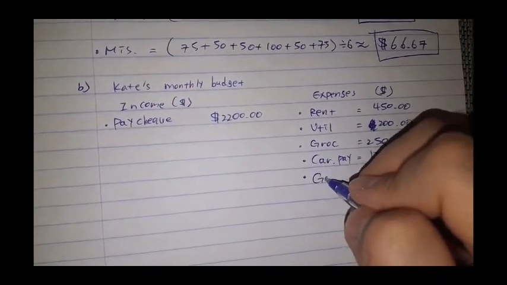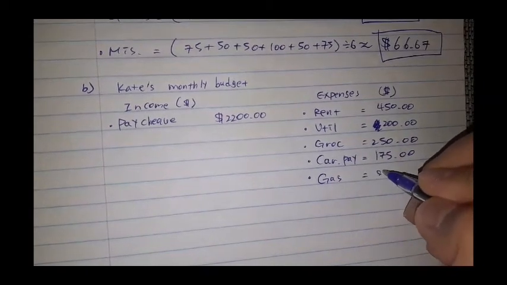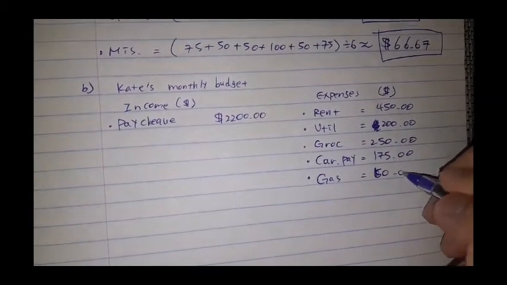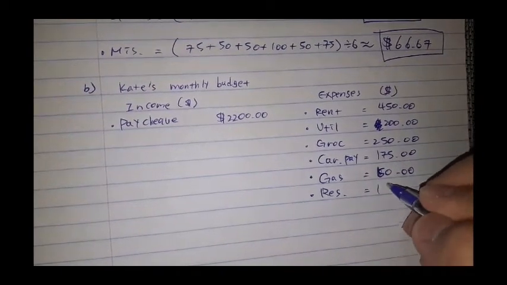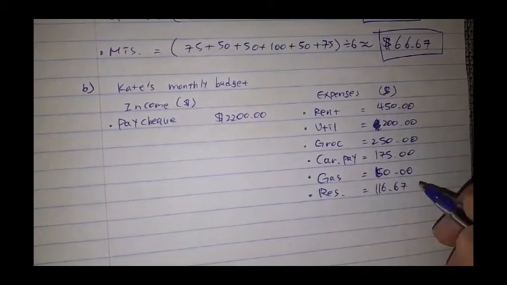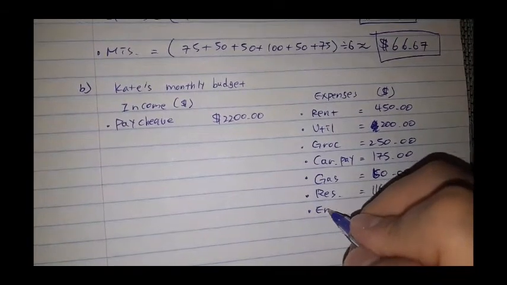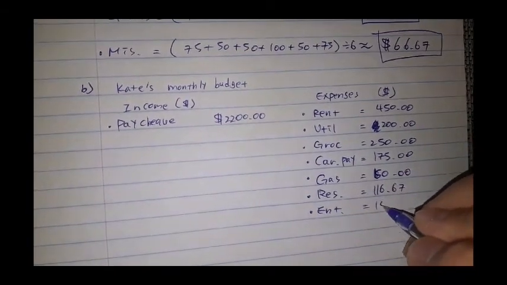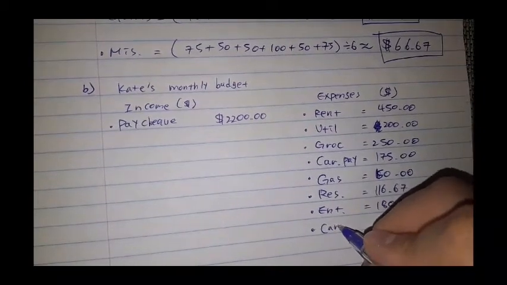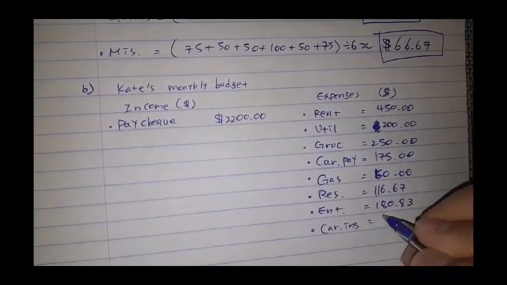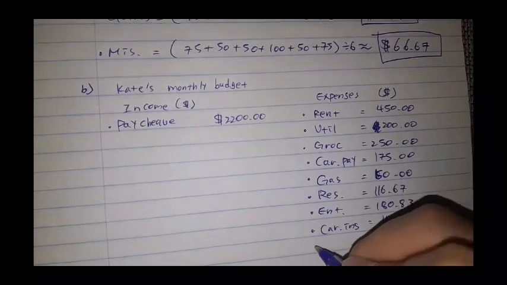And gas, 150. Restaurant, 116.67. Entertainment, 180.83. Car insurance was $115.